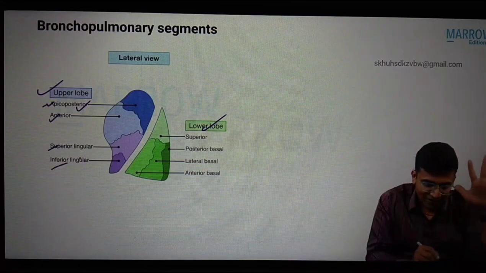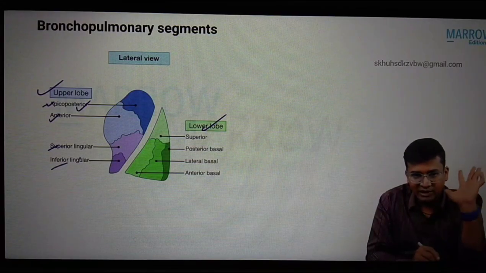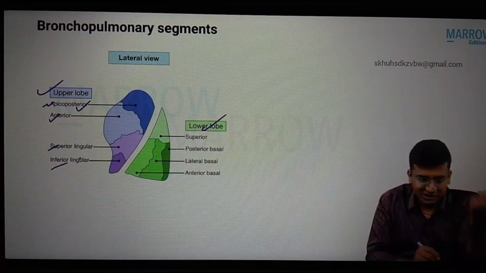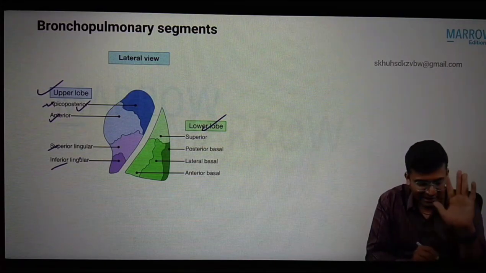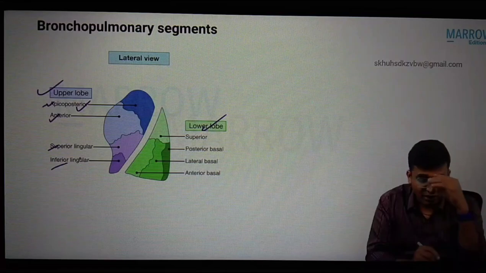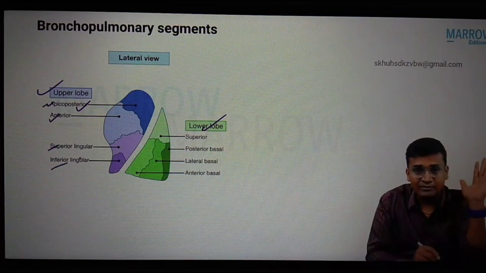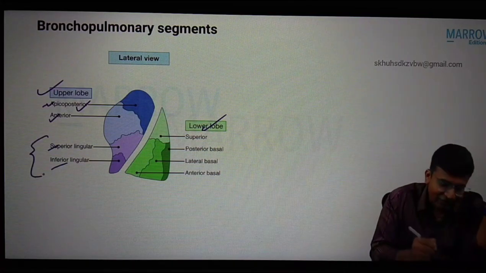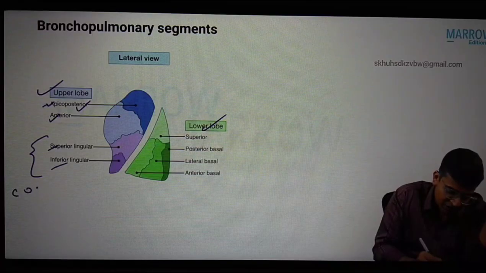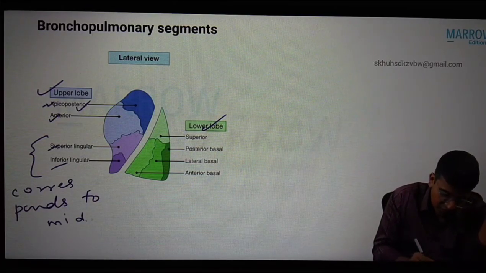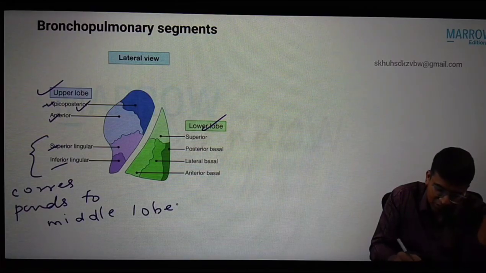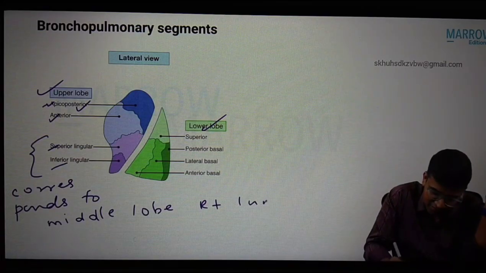So the upper lobe of the left lung has 5 segments: apical, anterior, posterior, superior lingular, and inferior lingular. The superior lingular and inferior lingular correspond to the middle lobe of the right lung.